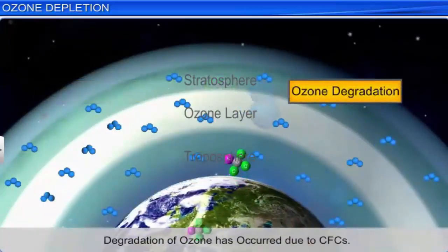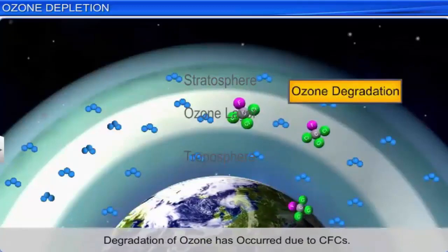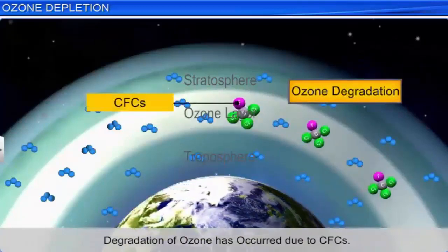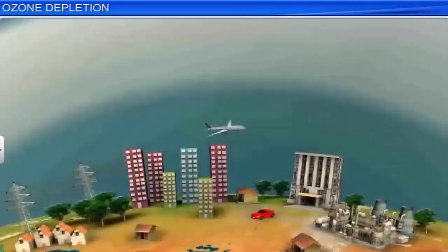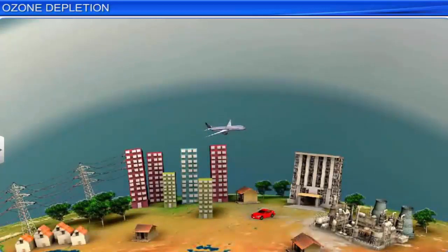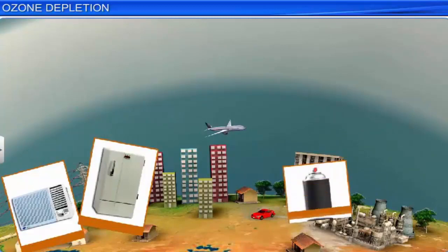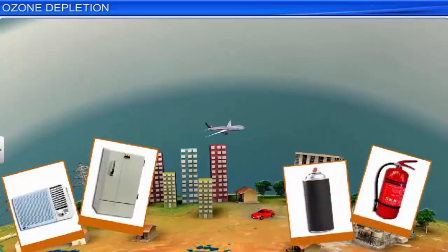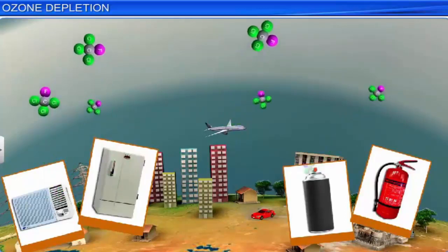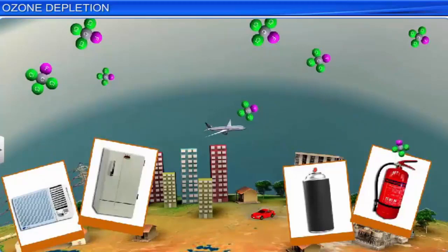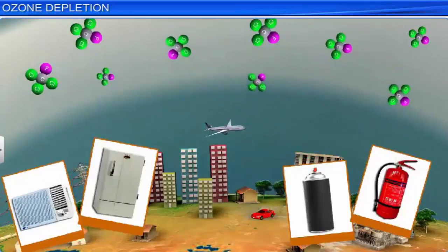This degradation has occurred due to chlorofluorocarbons or CFCs, which are mainly used as refrigerants in air conditioners, refrigerators, and aerosol products. When CFCs are discharged into the atmosphere, they move up to reach the stratosphere and, being long-lived molecules, remain in their original state.